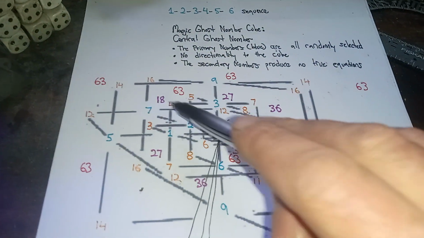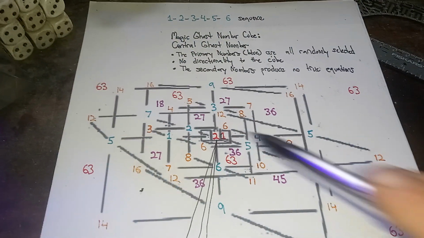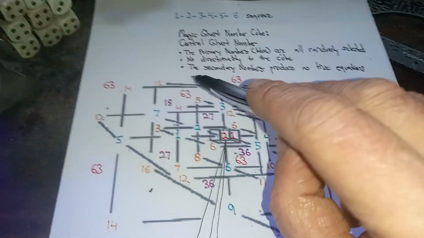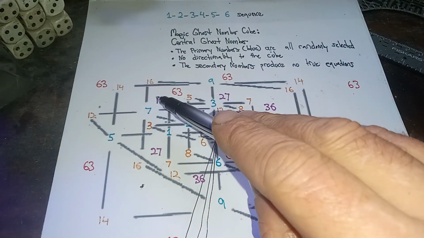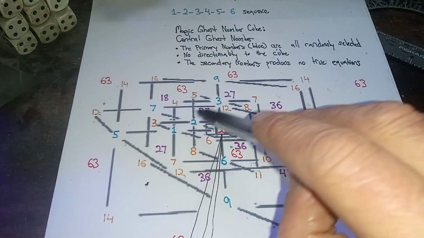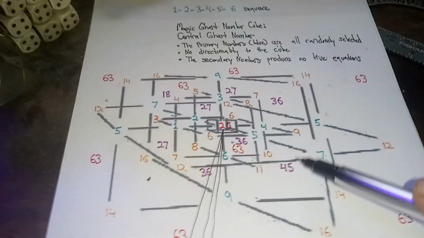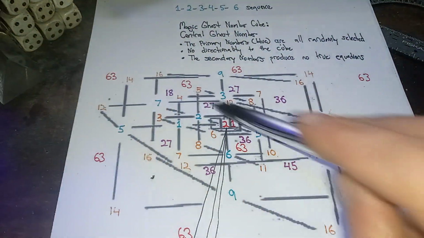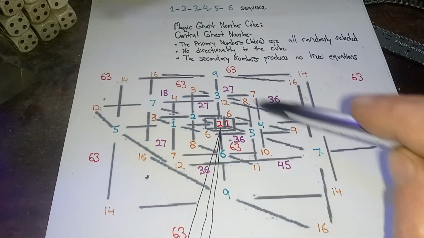No correspondence between two different diagonal numbers. They're just the outer shell, the outer octants added all together to get 63. With this, it's a combination of these inner octants, which produce these inner ghost numbers that give 63. So that's all the numerical mechanics of the inner and outer cubes.